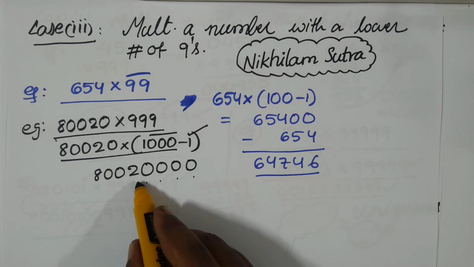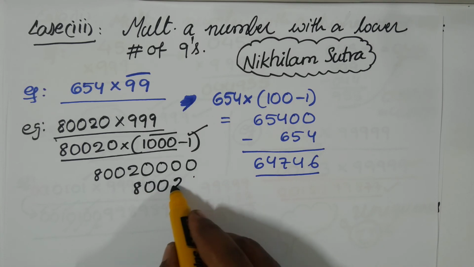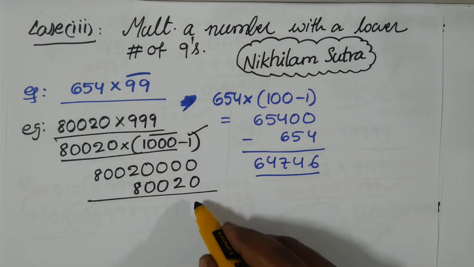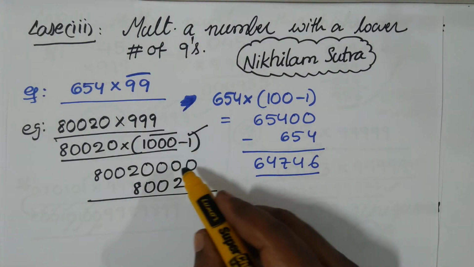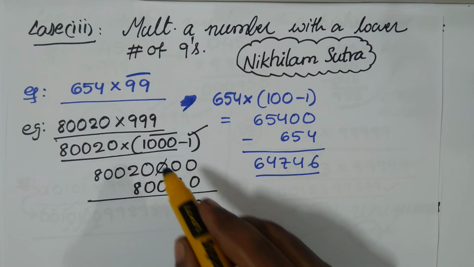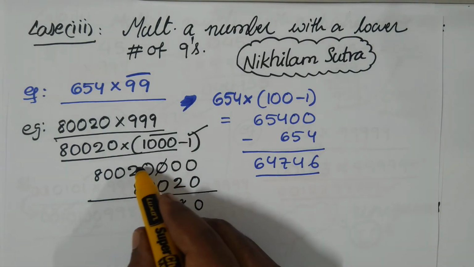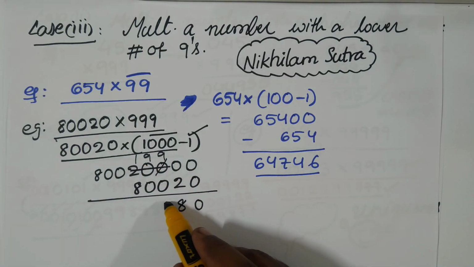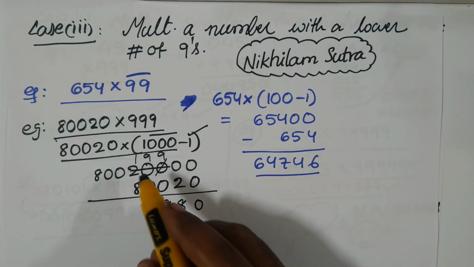So I'll write here 80020. You subtract, this is 0. Now I'll take 1 from it, 10 minus 2 is 8, and this becomes 199. 9 minus 0 is 9, this is 9.